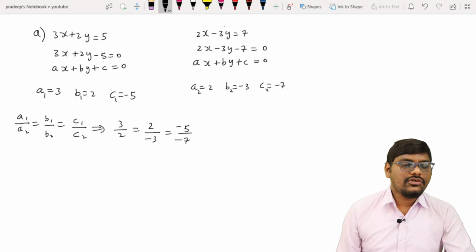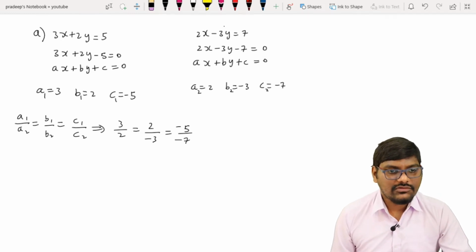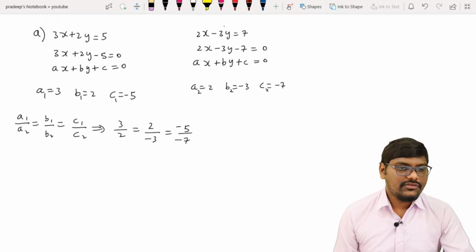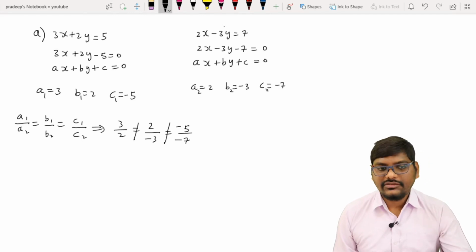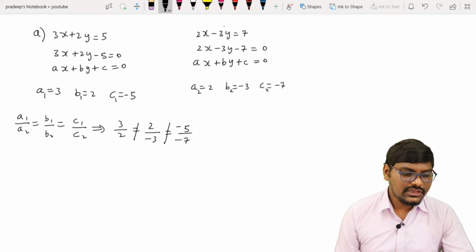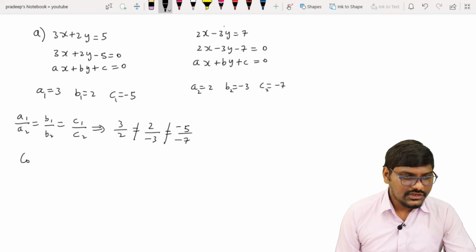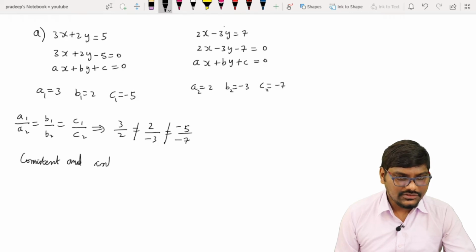Alright, so now if we observe, none of these ratios are equal to one another, everything is different. For that reason we will say that definitely this is consistent. If the ratios are not equal to one another, then we say it is consistent, and we also call them intersecting lines.